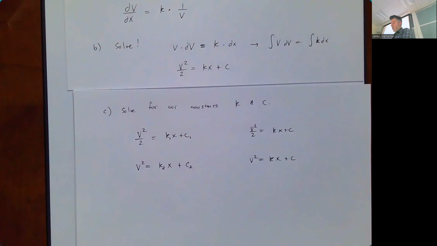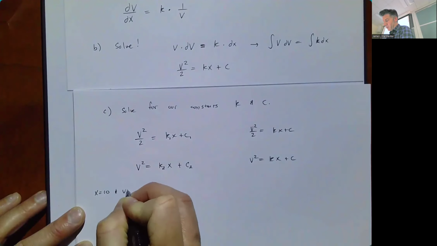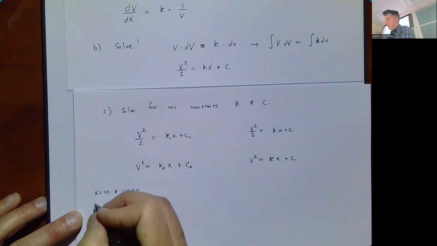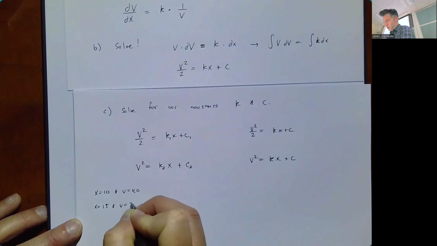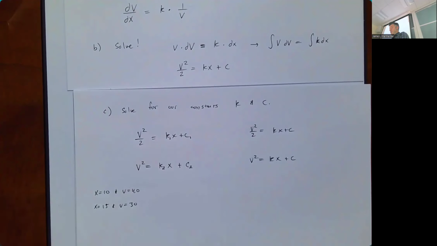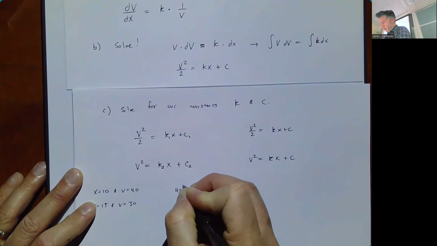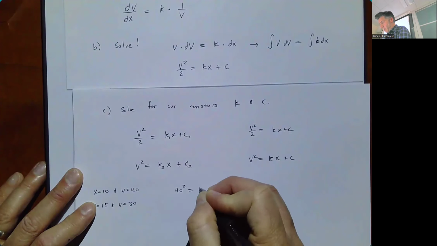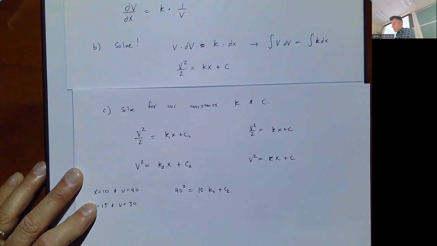And now we know that x equals 10 and v equals 40. And we know that x equals 15 and v equals 30. So let's plug those both in to try and solve for c and k. When I plug in 40 for v, I get 40 squared equal to 10 times k2 plus c2.